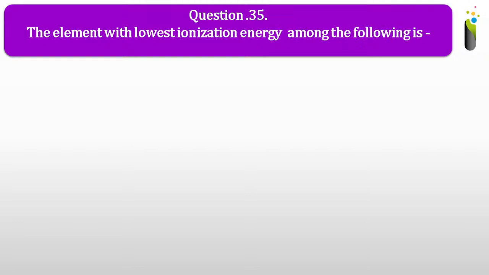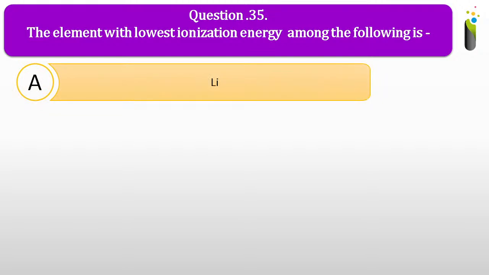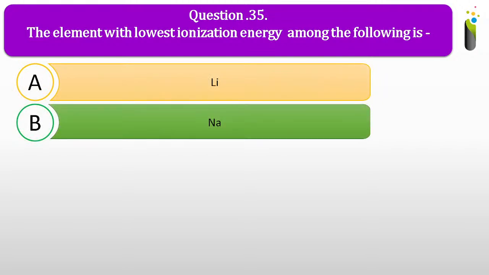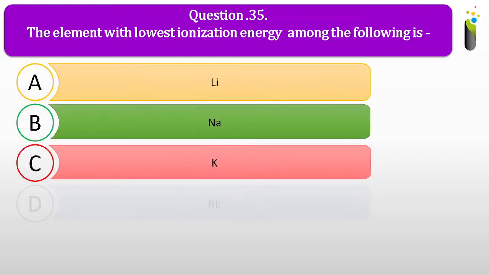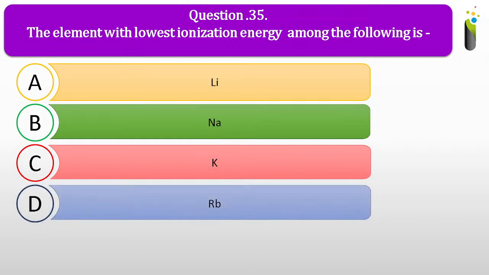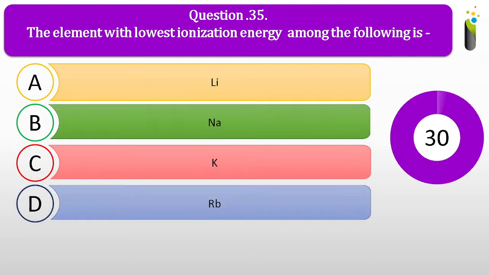Question number 35. The element with lowest ionization energy among the following is dash. A. Lithium. B. Sodium. C. Potassium. D. Rb, rubidium. So what should be the answer?